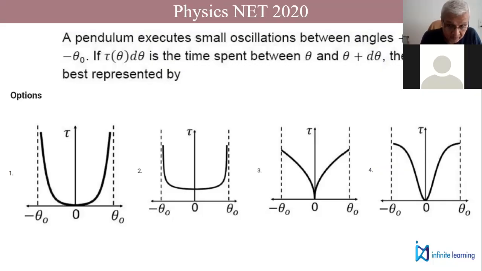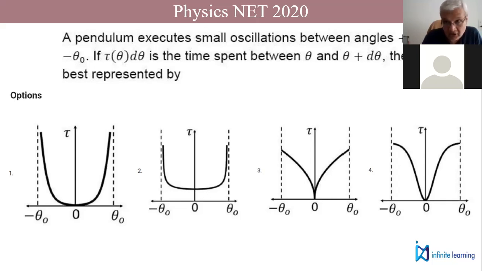Yes sir. So basically sir, we are dealing with the time period here. So you have to find time spent between theta and theta plus d theta. Tau theta d theta is the time spent between theta and theta plus d theta, then what would your function tau theta look like?